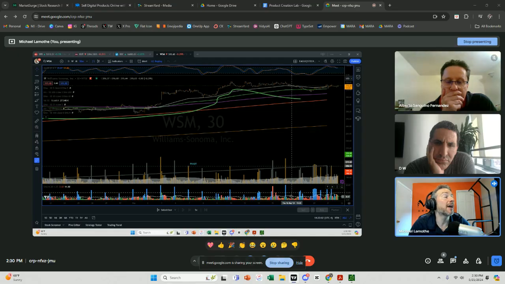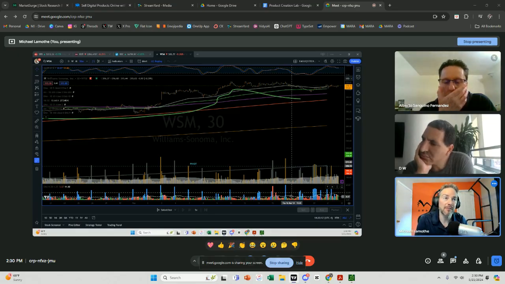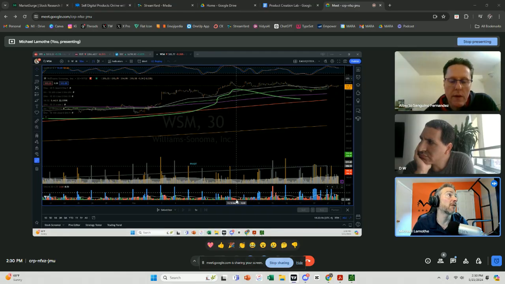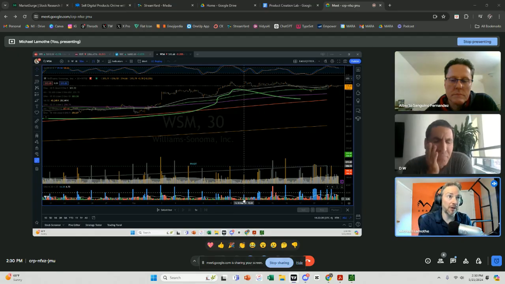The way that it works is that it will get shaded blue if price is above average for that particular time period. When it's green, the bar is up. It'll get shaded red if the bar is down. It'll get shaded blue if volume is above average for that particular point in time.